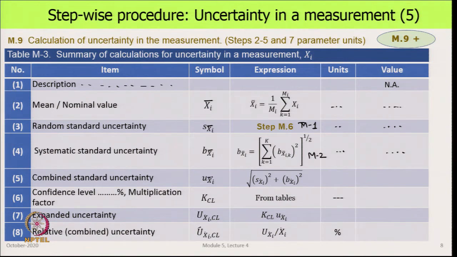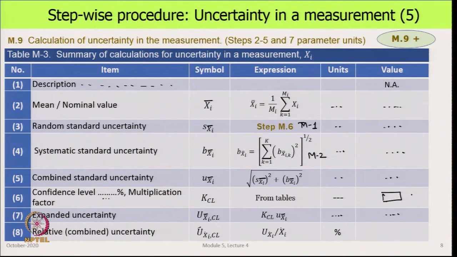Now, we calculate the combined standard uncertainty from these two values, write the units and the value. Then we say confidence level is something that we want, multiplication factor we get. So, we write this multiplication factor is so and so. Then we write the expanded uncertainty u x i bar, which is k c l into u x i bar, units and write its value.